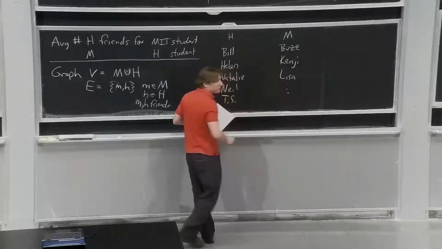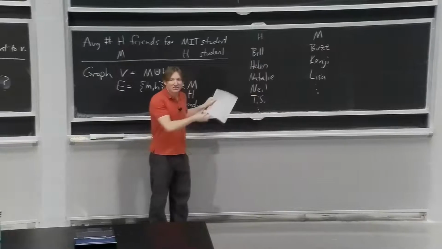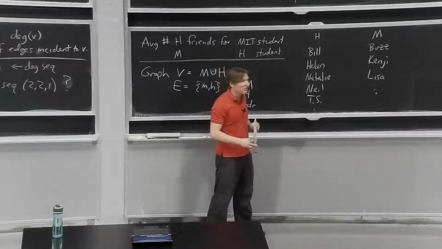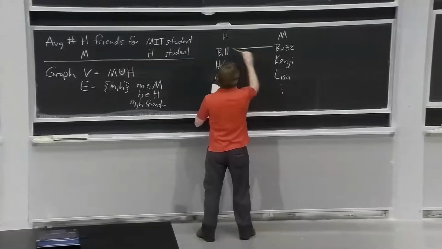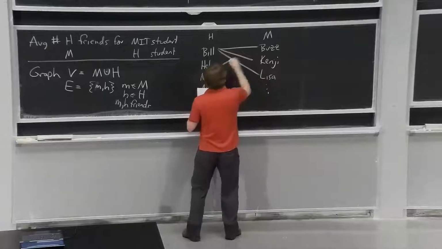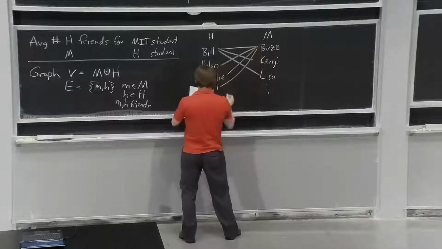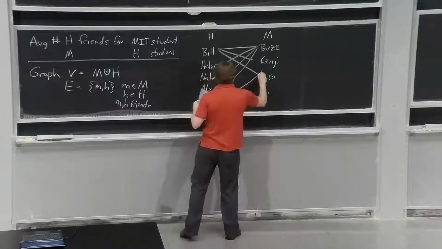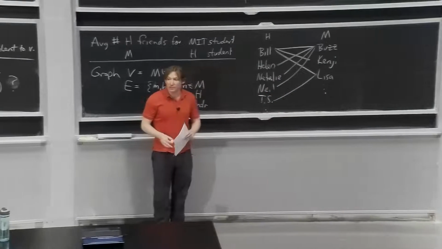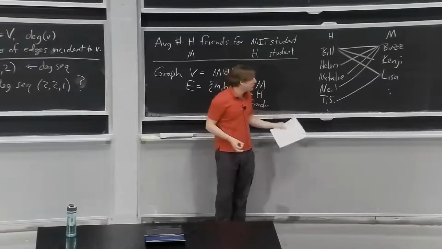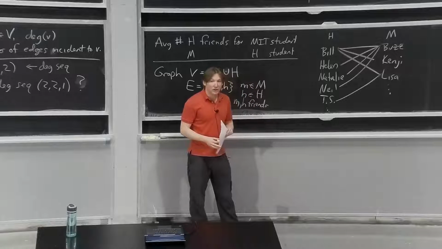And these lists go on. This is just an example. I don't know if there are actually students with these names. Some pairs of them are friends. Maybe these are friends, and these are friends. Buzz is just friends with most people, and TS only likes Lisa among this graph. Here's an example of our graph.